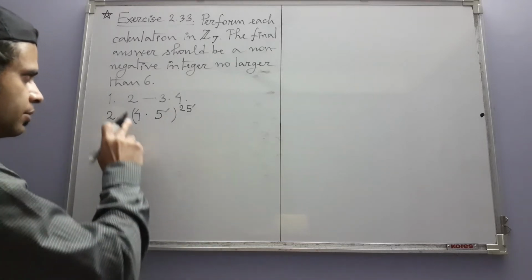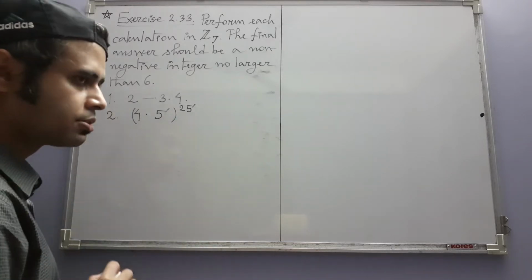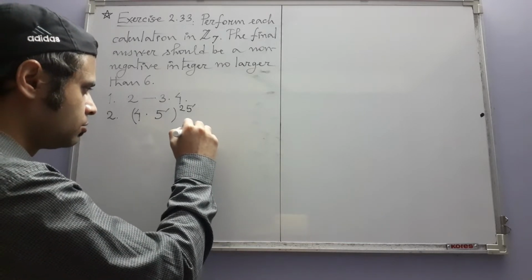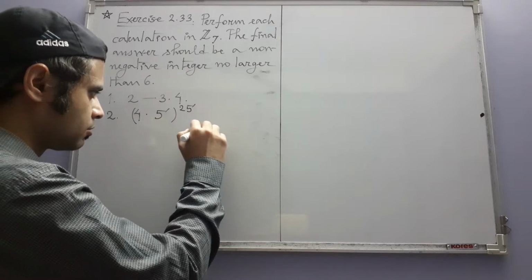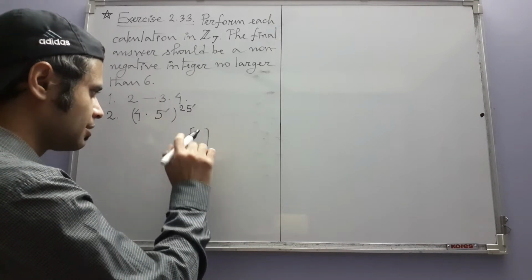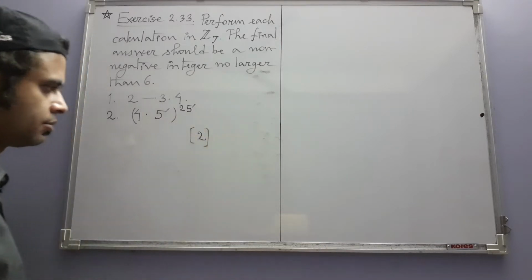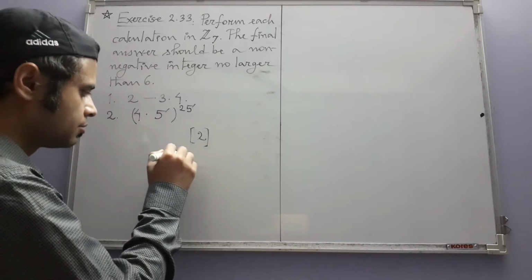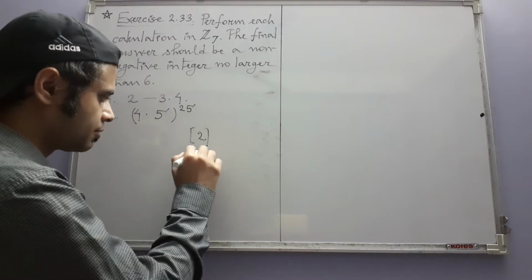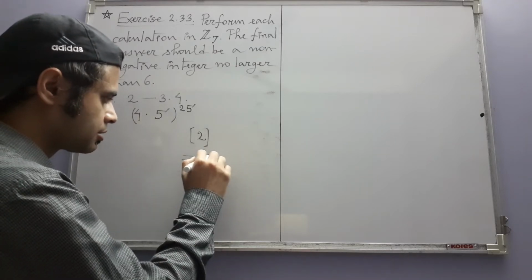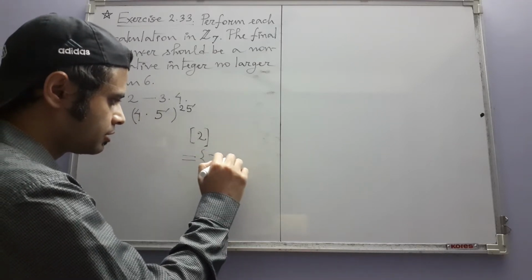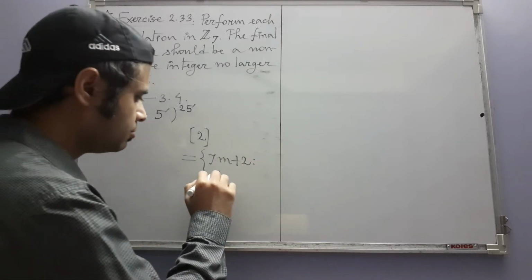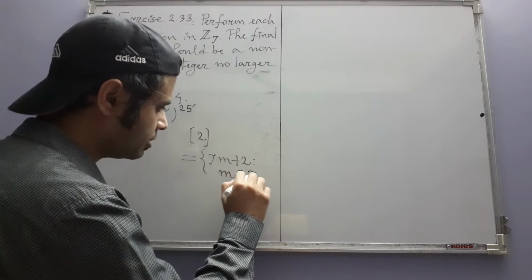And so here, for example, 2 is not the ordinary integer 2, but the congruence class modulo 7 that contains the ordinary integer 2, which by the definition of that class is the set of all integers of this form 7m plus 2, where m is any integer.